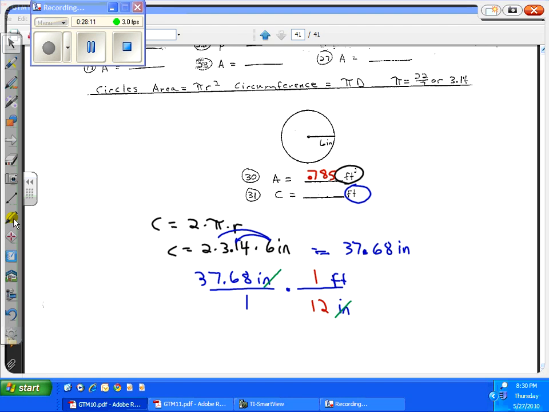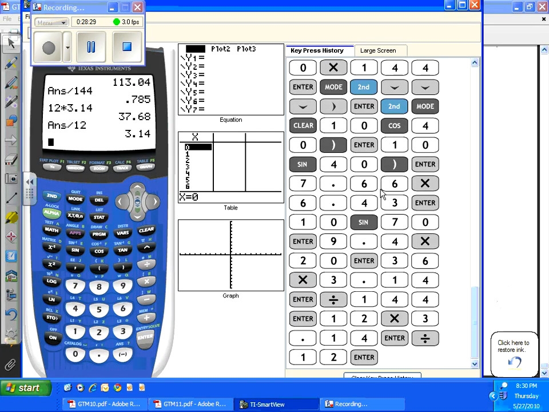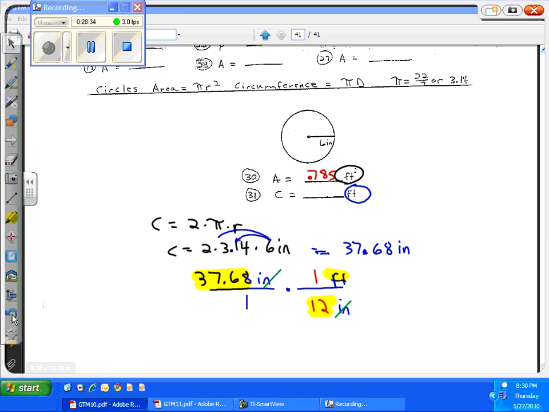So we have 37.68 on top, 12 on bottom, and the new name feet. So we do 37.68 divided by 12, which takes us back to pi, 3.14. So the answer for the circumference is 3.14 feet. Any questions on 30 and 31? Okay.